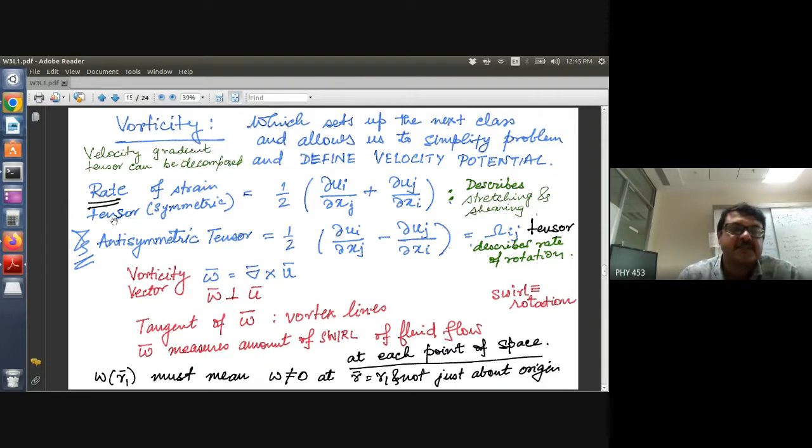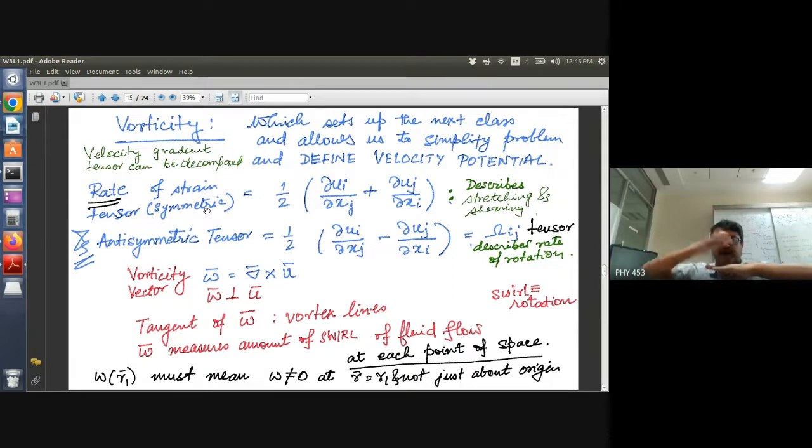So, as I showed you, del u x, del u y. Suppose you had two walls. One wall was static, this wall was moving. So if this is the x direction, then the velocity in the x direction is changing as a function of y.